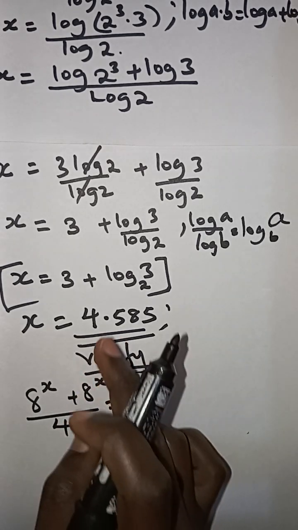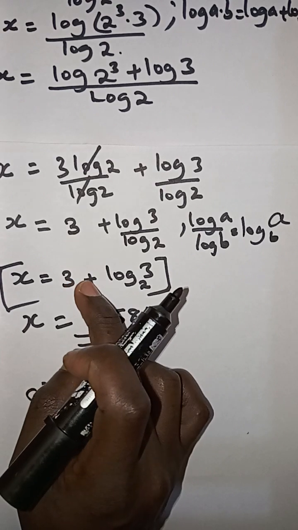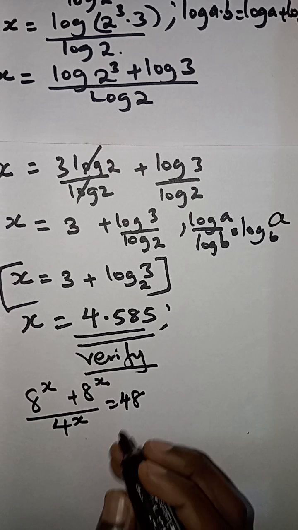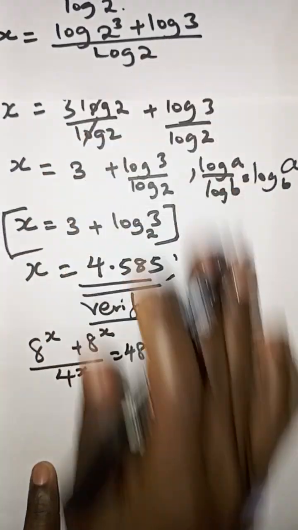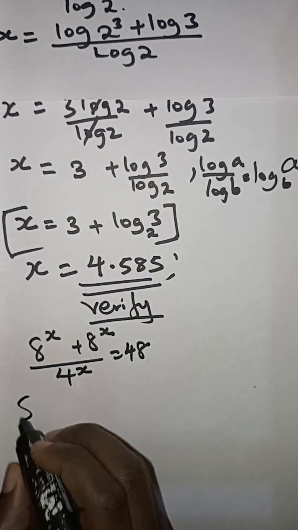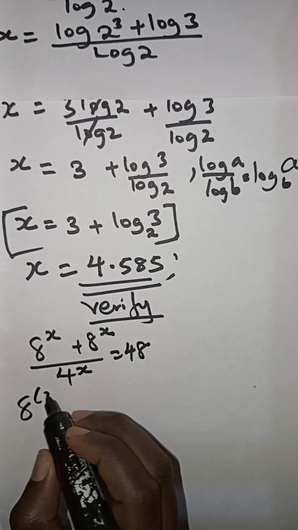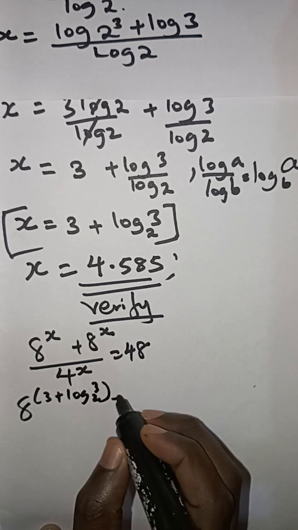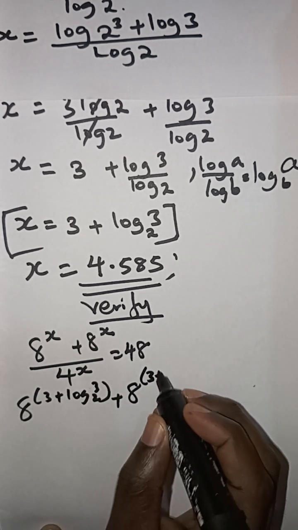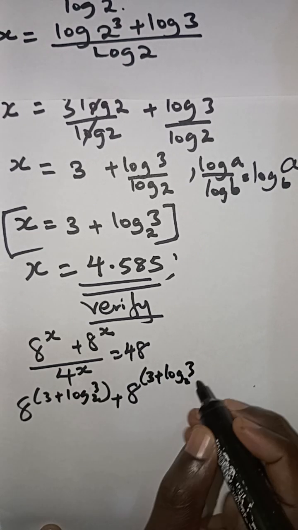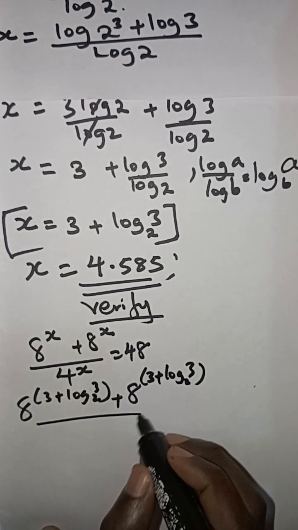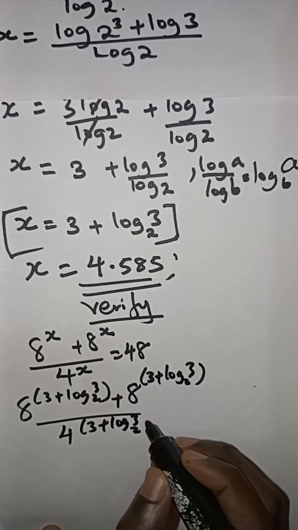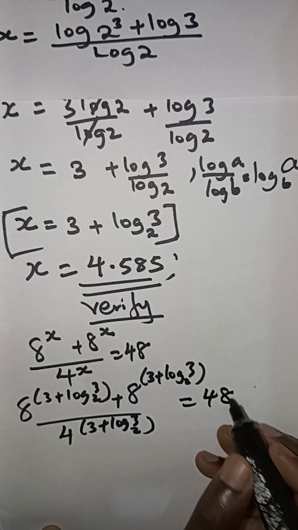So wherever I have x, I'm going to substitute 3 plus log 3 base 2, so that it changes to 8 raised to (3 plus log 3 base 2) plus 8 raised to (3 plus log 3 base 2), divided by 4 raised to (3 plus log 3 base 2), which should give me 48.